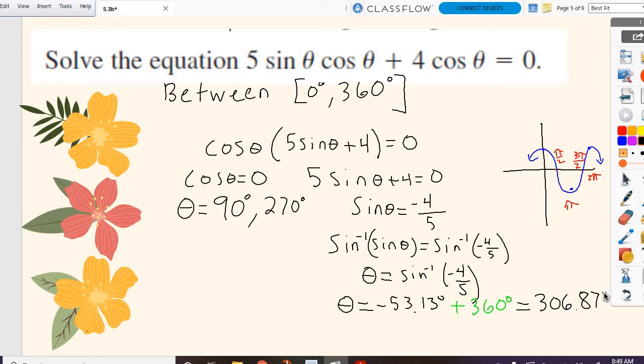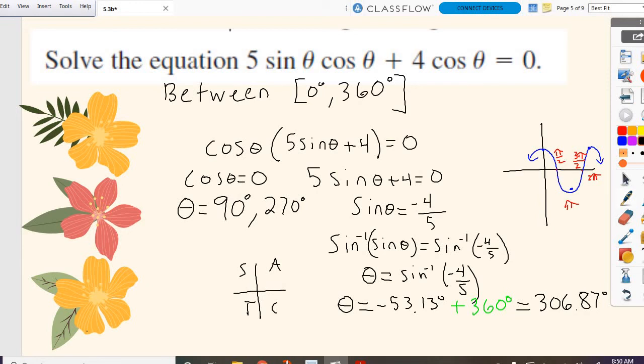However, we do have to take it and think about our steps one more time. If I'm talking about sine, and we're looking at a negative 4/5, we got our answer in the fourth quadrant, because 360 is in our fourth quadrant. And when we were dealing with our inverse trig functions, we only wanted that one solution.